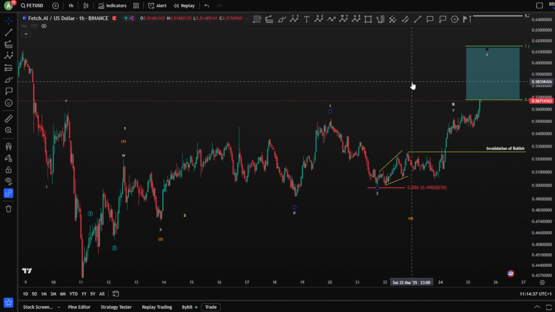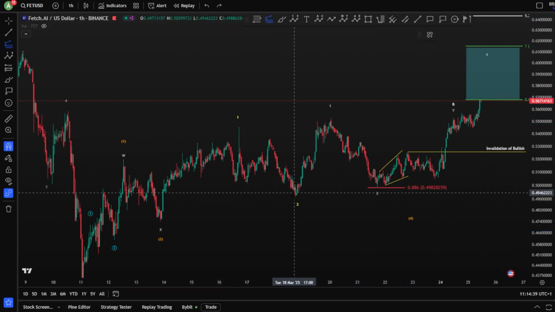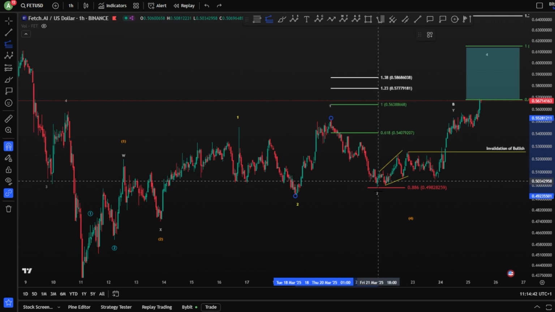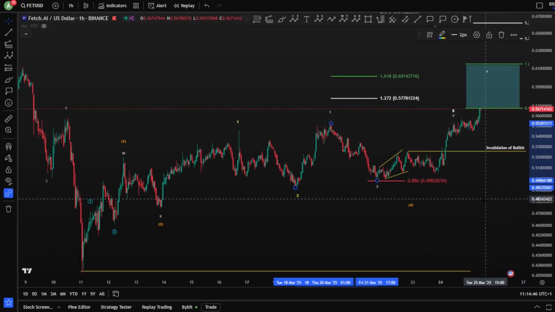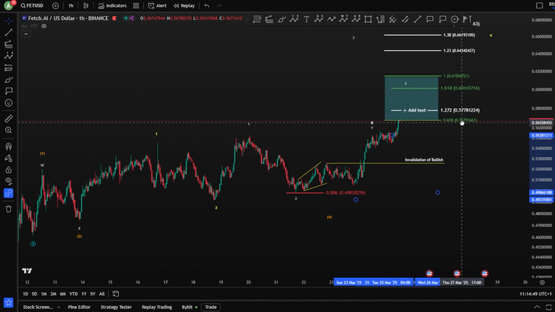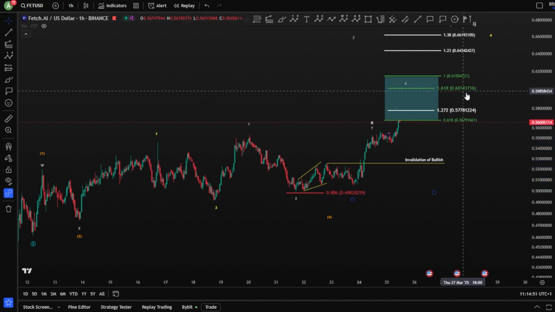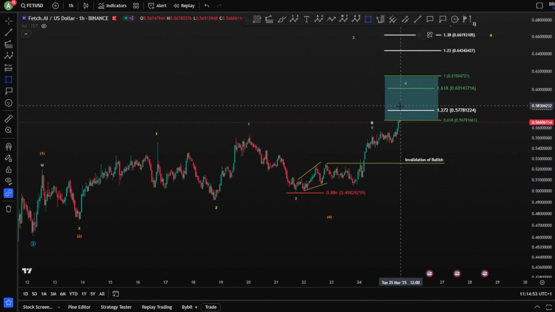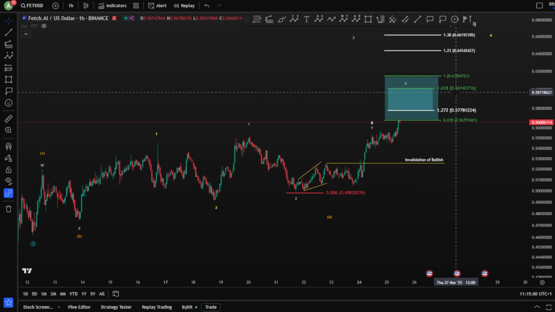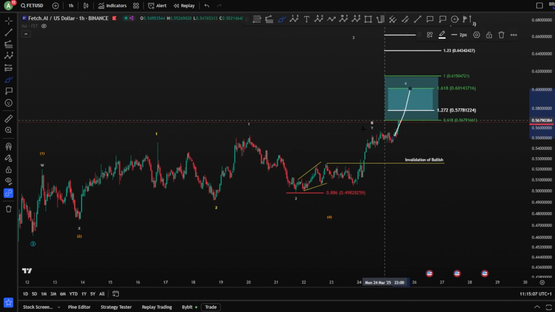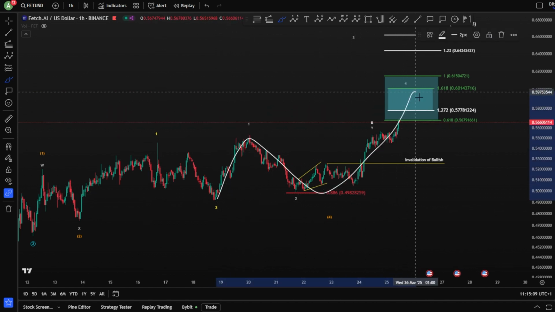Now, if we take a confluence a little bit here with this wave 1 to the wave 2, and we have our wave 3 as an impulse, we can see that the confluence between both targets right now for a wave 3 and the WXY would be inside this box, even more precise target between, of course, 0.60, a very nice psychological number that it might hit at the wave 3, meaning 1, 2, 3, 4, and a 5.